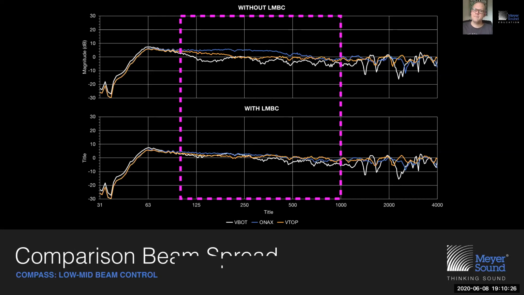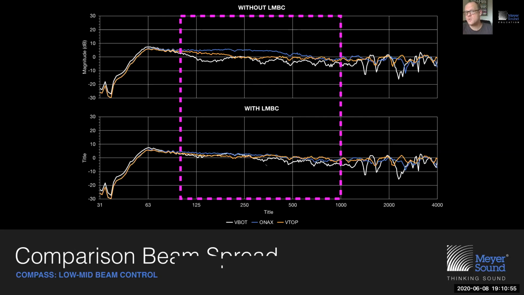Now, with LMBC engaged, suddenly we get the progression that you see in the bottom. Notice that these three traces have now converged and are in much better agreement with each other. And that means that all frequencies, including the ones at low mids, where the beam was too narrow, are now back at attenuating by the same amount over distance, meaning that tonality is preserved over distance.